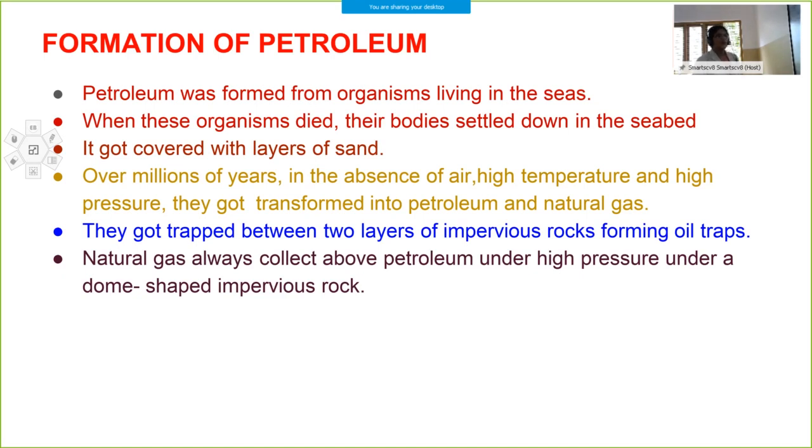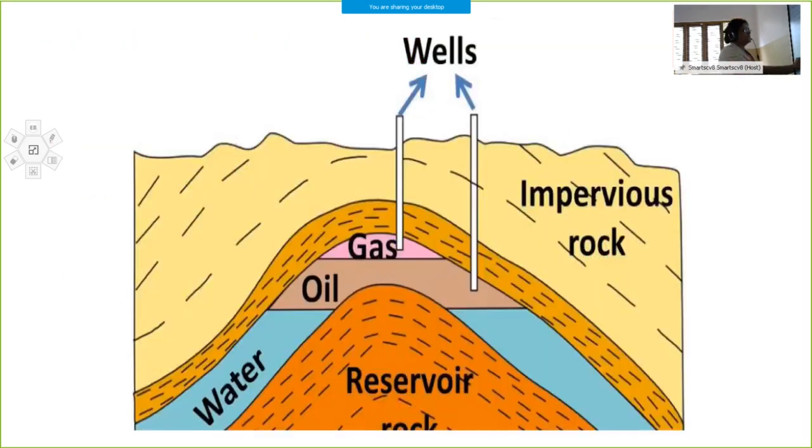They got trapped between two layers of impervious rocks, forming oil traps. Natural gas always collects above petroleum under high pressure under dome-shaped impervious rocks. What I showed you is actually a dome-shaped impervious rock. So you can see in between these layers of rocks there is always the oil, and above the oil there will be gas.